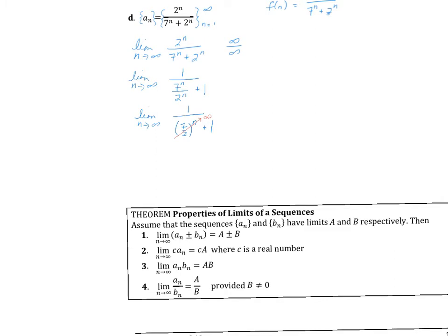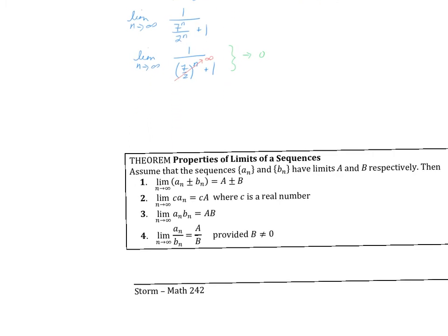So this is the case of 1 over infinity. This whole thing is getting closer and closer to 0, which is what our limit is. So this sequence converges, if I have to state whether it converges or diverges, so it converges to 0.